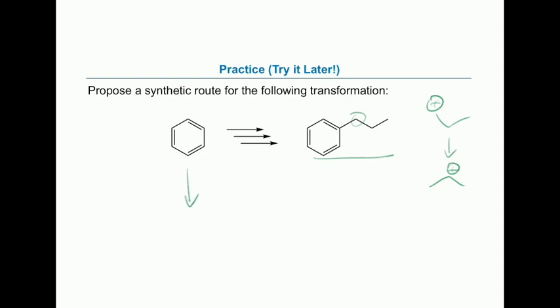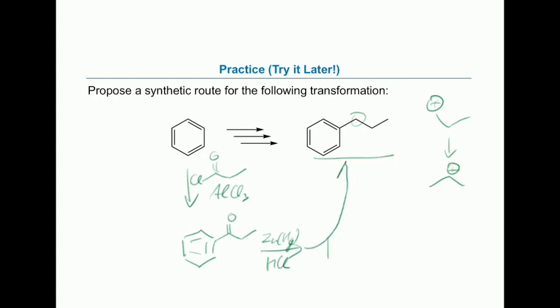Instead, what we'd probably do is take our acid chloride, in this case like this, and aluminum trichloride. That would give us our ketone product. We can carry that through one of the deoxygenations, so our zinc, mercury, and acid will give us our Clemmensen reduced product here.